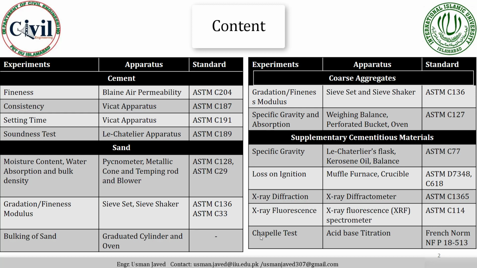Then lastly, the chemical characteristic test of a supplementary cementitious material, which tells us about the chemical reactivity of that material, either it's fly ash, GGBFS, or silica fume. How much it is reactive, we can find out by this test. This test is basically an acid-base titration, which we'll discuss in detail in these lectures.